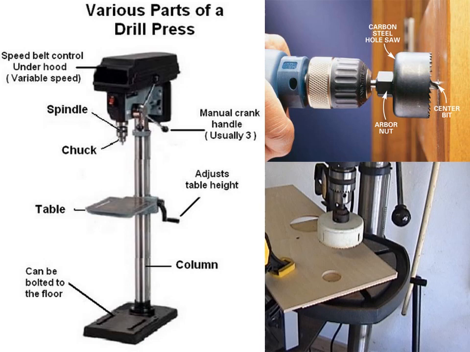Or if you want to make a wooden gear, you can start with the circle and then measure out where your gear teeth need to be exactly, and you can get templates for that on the internet. Then you can cut out the teeth from the circle with a jigsaw.